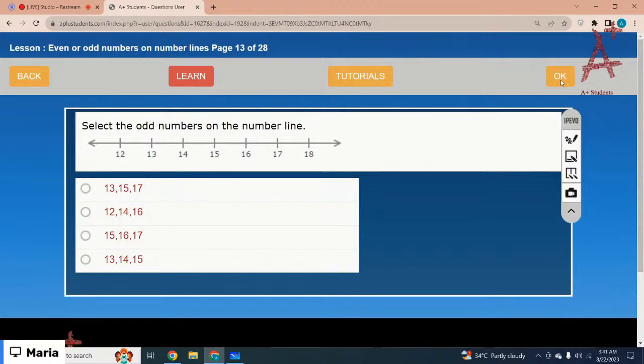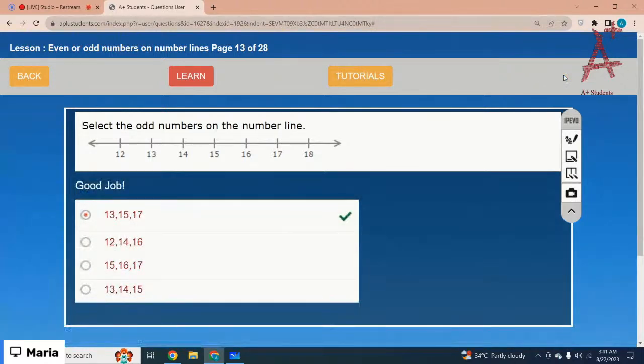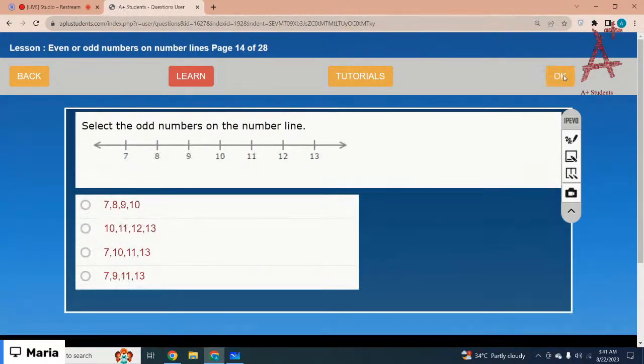Select the odd numbers on the number line. So, which numbers are odd? They are 13, 15, and 17. Option number 1 is the correct option. Select the odd numbers on the number line. So which is the correct option? Odd numbers on the number line are 7, 9, 11, and 13.